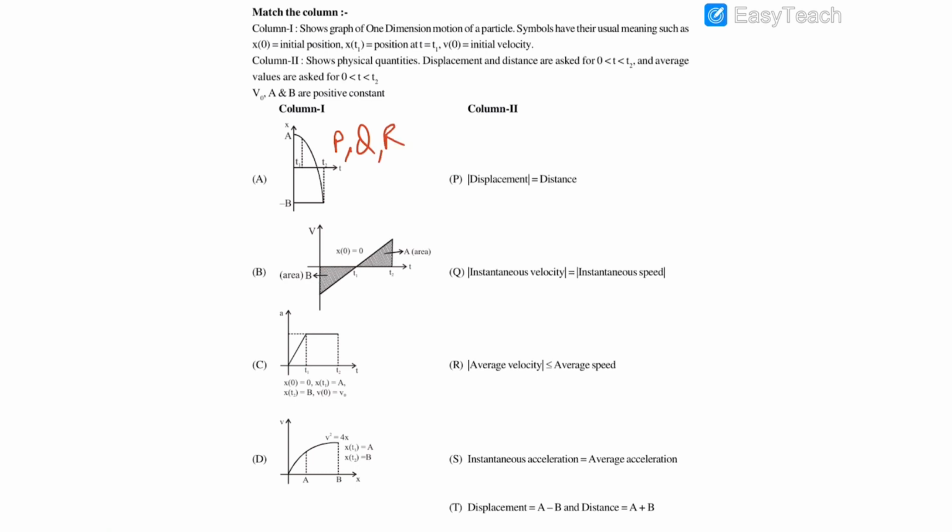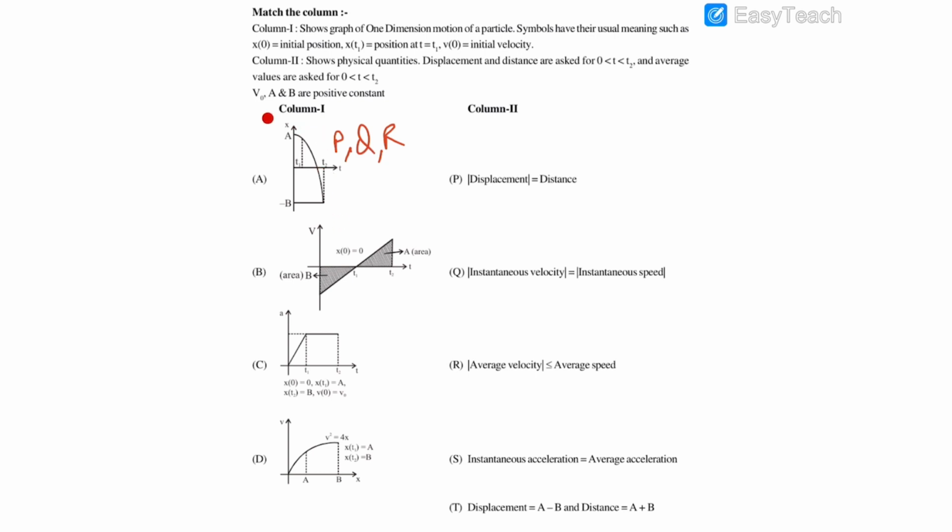And option S says that instantaneous acceleration is equal to average acceleration. Instantaneous acceleration and average acceleration would be equal if acceleration is constant. But no information is given in this graph on whether it is a parabola or not.